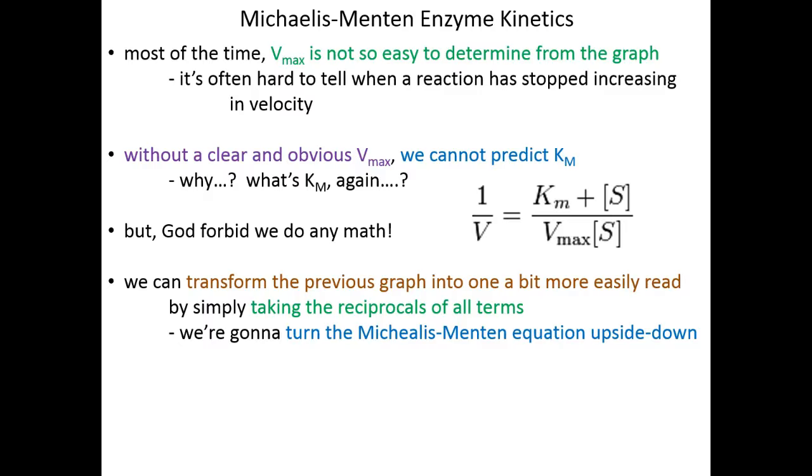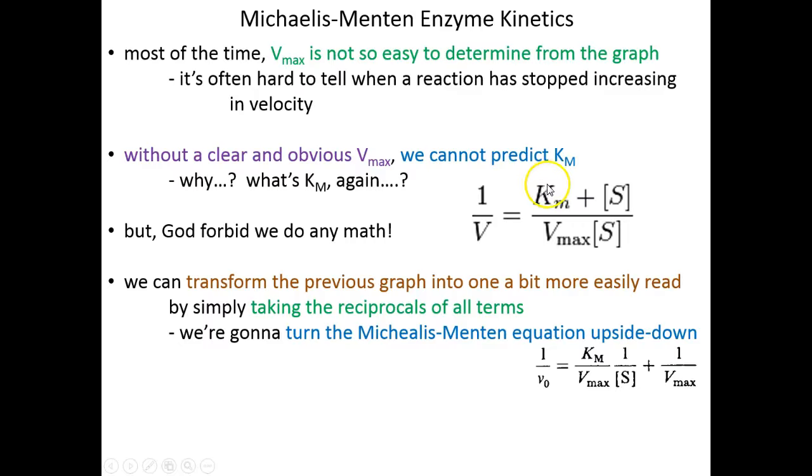Yippee! How does that help us? Well, using just a little bit of algebra, we can actually pull these apart. So if we remove this denominator of substrate concentration as 1 over substrate concentration, what we can essentially say is that 1 over the velocity, we keep the left side of the equation the same, is equal to Km over Vmax times 1 over substrate, right?